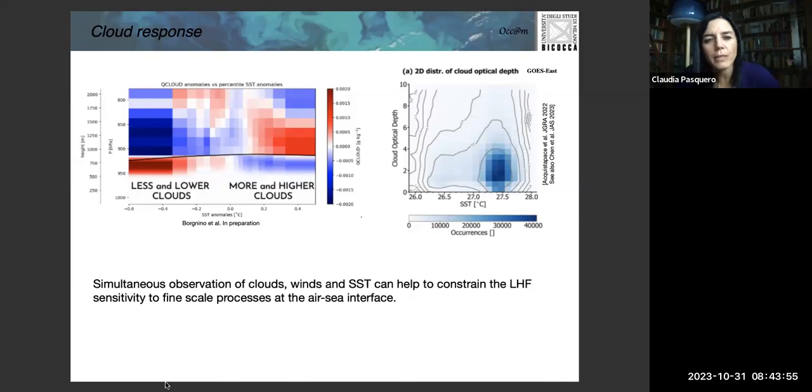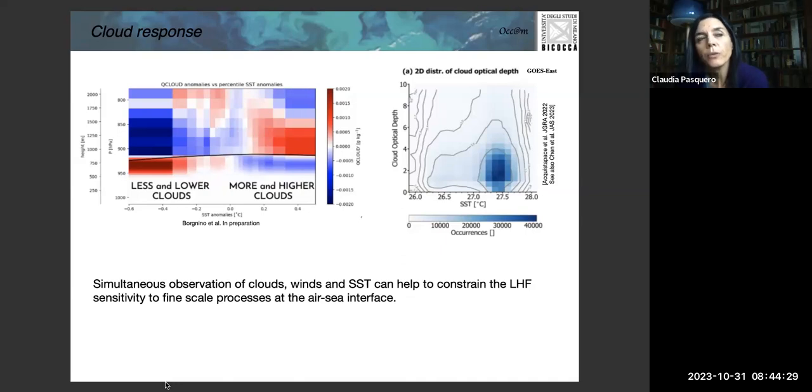Sorry, I said seasonal, I meant daily. The daily cycle, of course, is coming from the winds. The winds are changing significantly from night to day. They are strongest at night, and they are weaker during the daylight. And this is present in the model because the domain is relatively small, and so the boundary conditions provide the daily cycle in the wind speed. But we don't have any SST daily cycle.